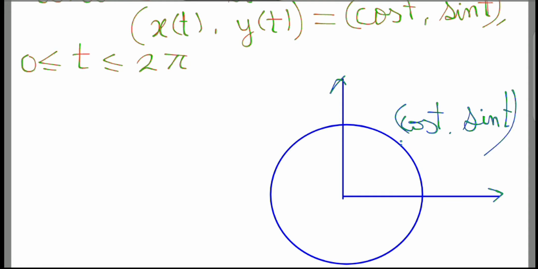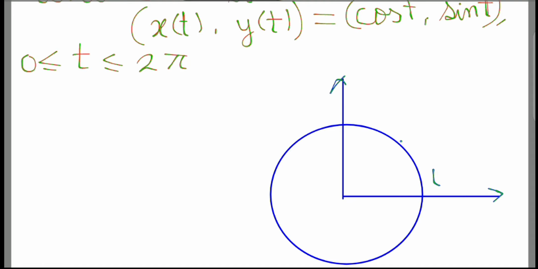As the point cos t, sin t lies on a circle, and as t changes from 0 to 2 pi, we get a closed curve. So we want to verify Green's theorem along a closed curve that is a circle of radius 1 unit.